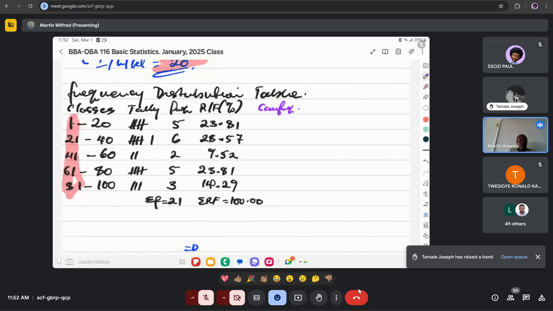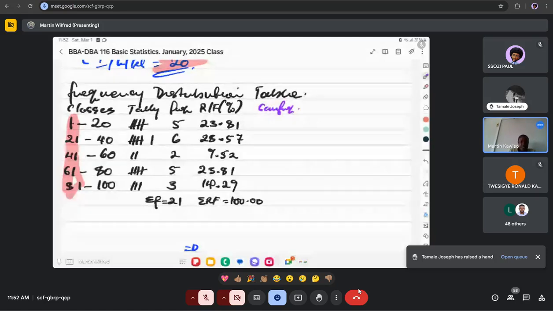If you have a phone, a phone can give you that. That is not very complex. Then we maintain 2 decimal points, isn't it? That value gives us 23.8095, so with 2 decimal points, we get 23.81. We do the same until we generate all our relative frequency.